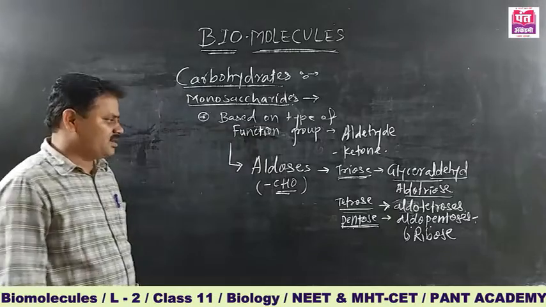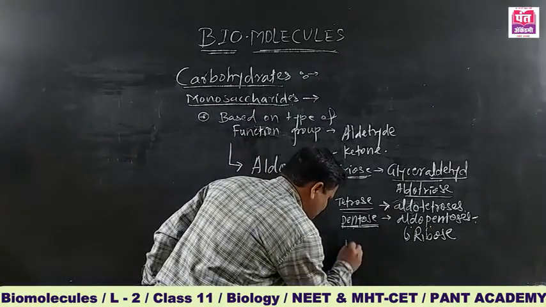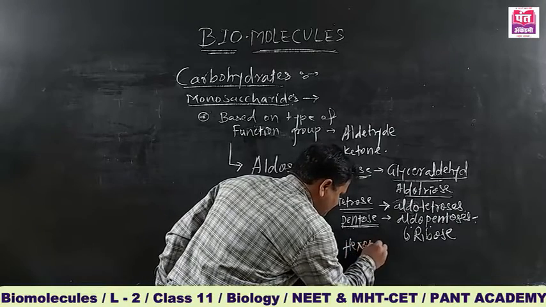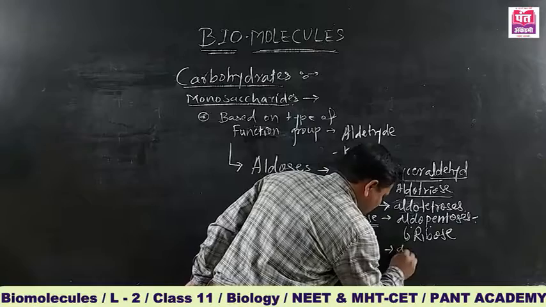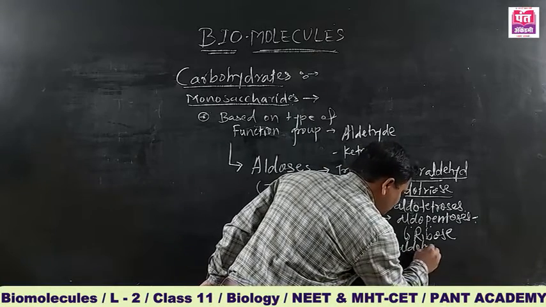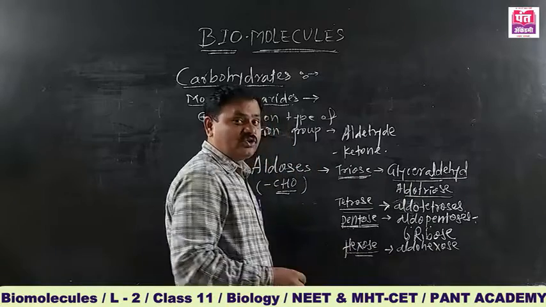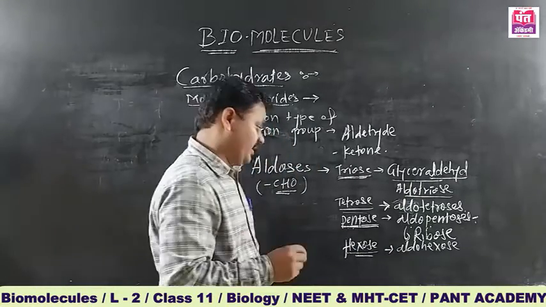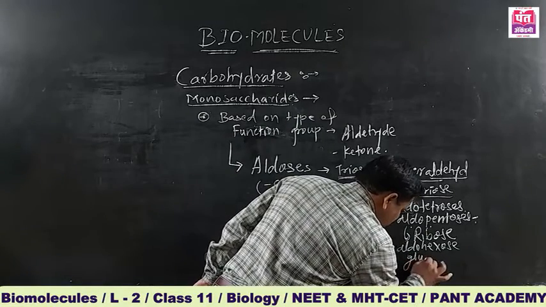Ribose is an aldopentose. And when we look into the hexose, these are called aldohexose, and a very common example of aldohexose is glucose.